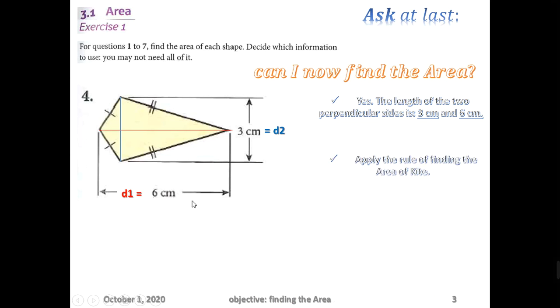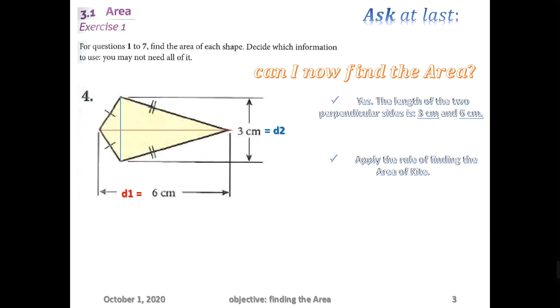What is the rule of finding the area of a kite? So you write it as following. The area of a kite is equal to half times the horizontal diagonal times the vertical diagonal. Once again, half times the vertical diagonal times the horizontal diagonal.